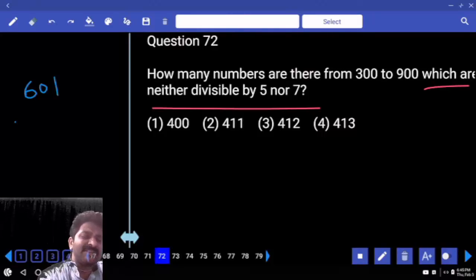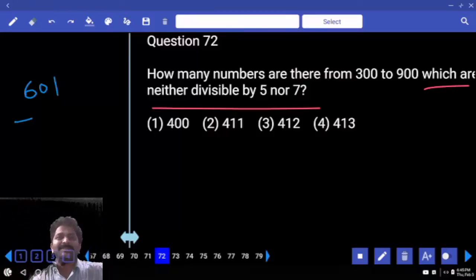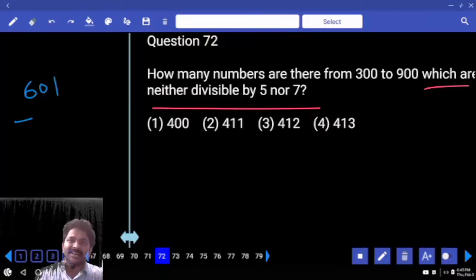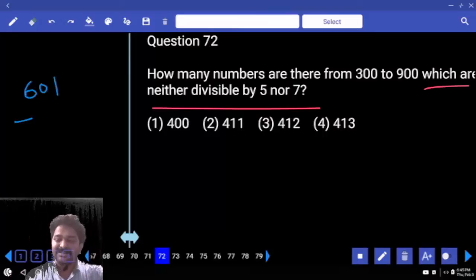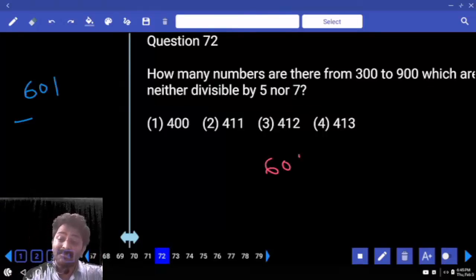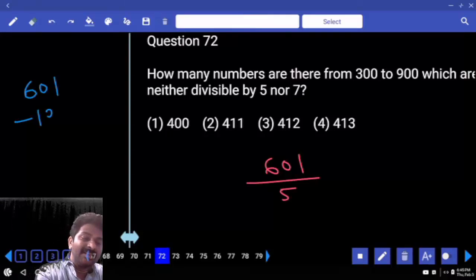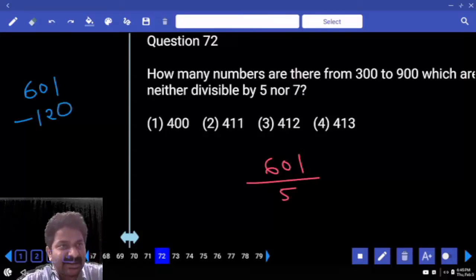That means from 601 numbers, how many 5 multiples are there? How many 7 multiples are there? If you can subtract that, you'll get your answer, right? Come on. So how many numbers gap we have? Out of 601 numbers, how many numbers are exactly divisible by 5? In the sense, you'll get 120 numbers, right?